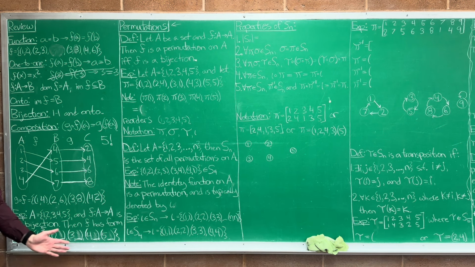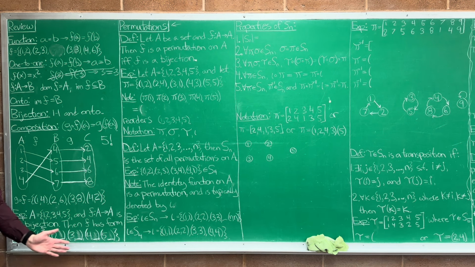When you see me talk about something like x plus y, you instantly know, oh, he's talking about real numbers. When you see me doing something like m plus k, you know, oh, those are probably integers. When you see me write pi as a function, you know, oh, he's talking about a permutation. He's talking about a function that's both one-to-one and onto. Just helps you know from context, keep track of what it is we're talking about.